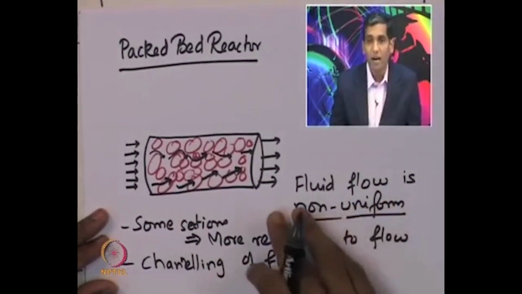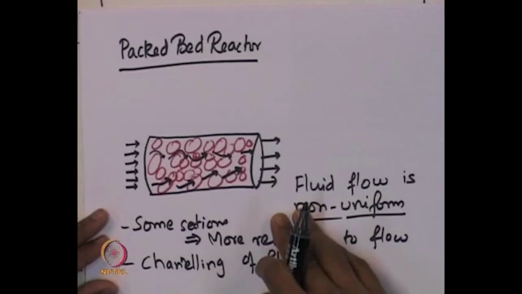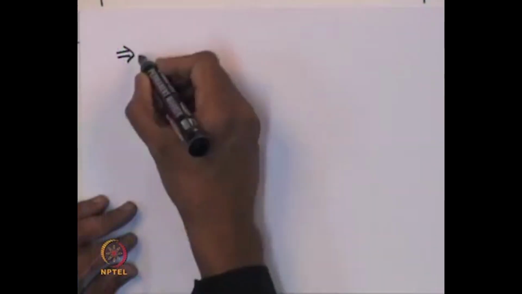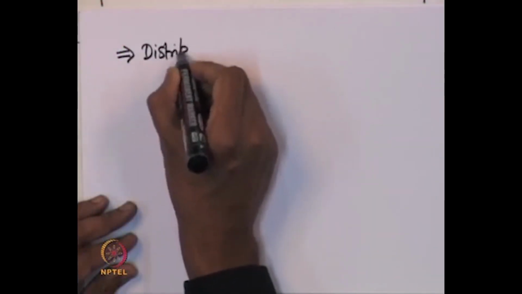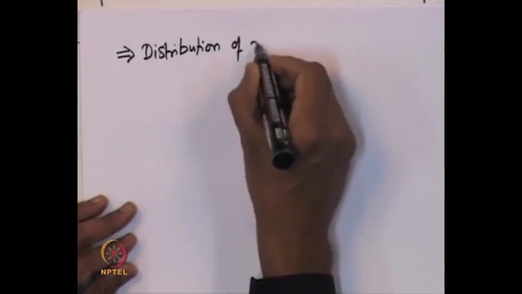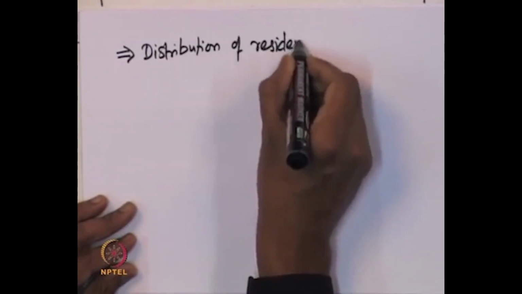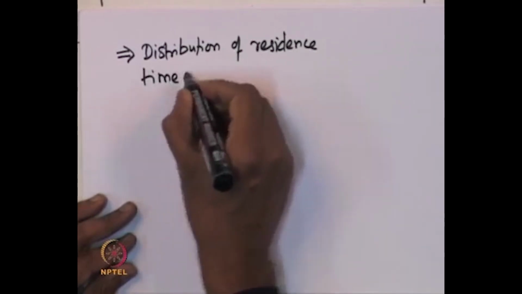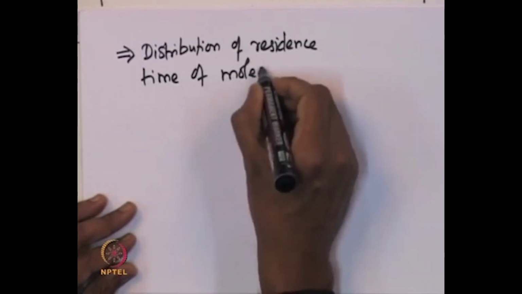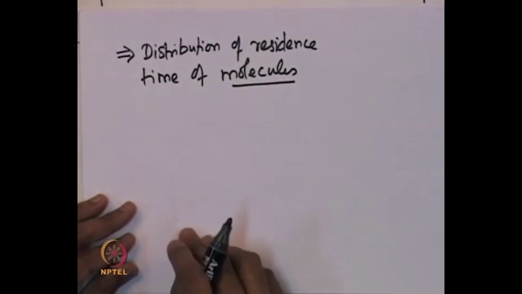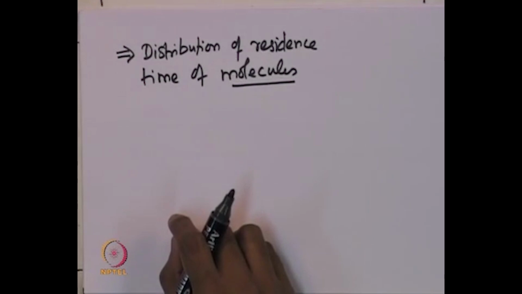So, clearly the amount of time spent by different molecules of the species entering the reactor is going to be different, which means there is clearly going to be a distribution of residence time of the molecules which are entering the reactor and participating in the reaction.